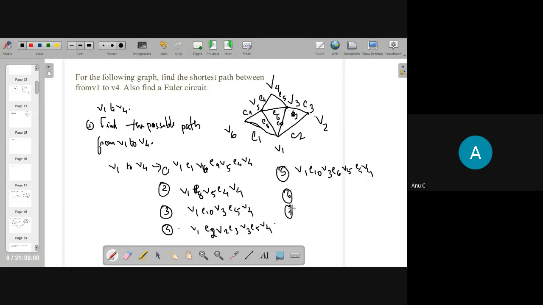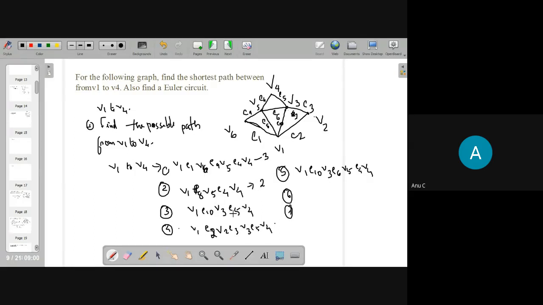Then which has the shortest path? What is the length of the first path? 3. And the second one, length of the second? 2.